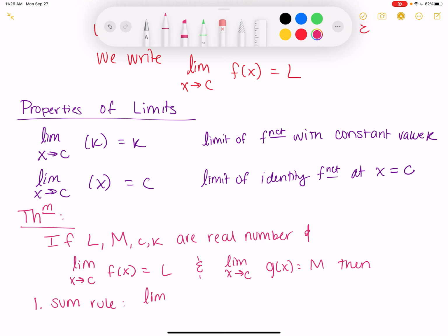It says that the limit as x approaches c of f of x plus g of x is equal to L plus m.